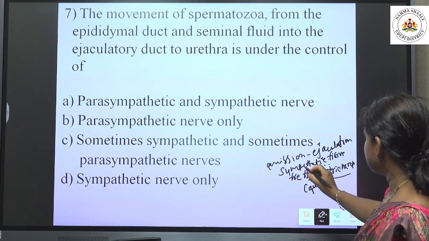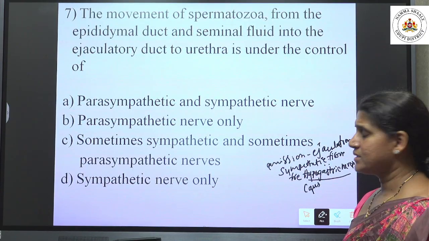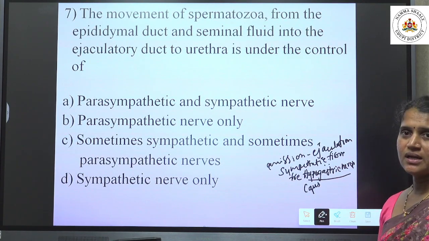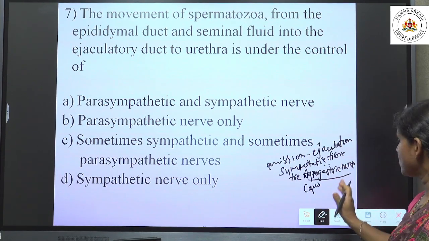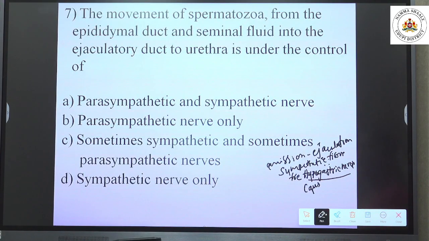So this is the hypogastric nerve, mainly acting by the release of neurotransmitters, which helps in the ejaculation process, that is, the spermatozoa into the urethra.